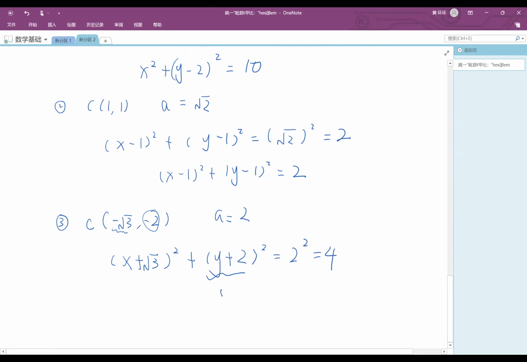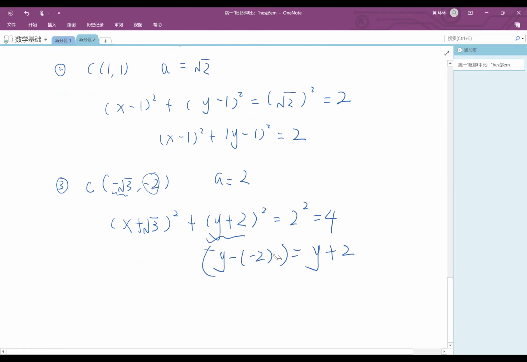Notice y minus negative 2 is equal to y plus 2, right? This is the third one.